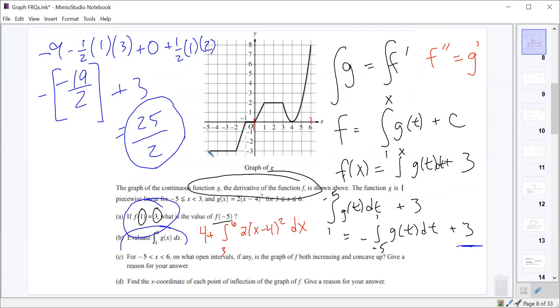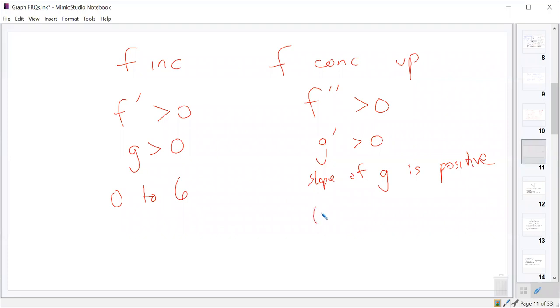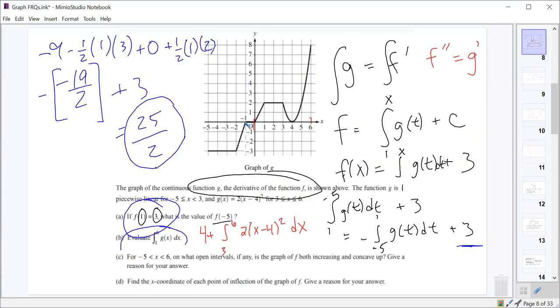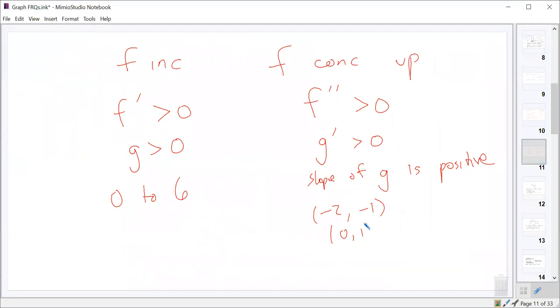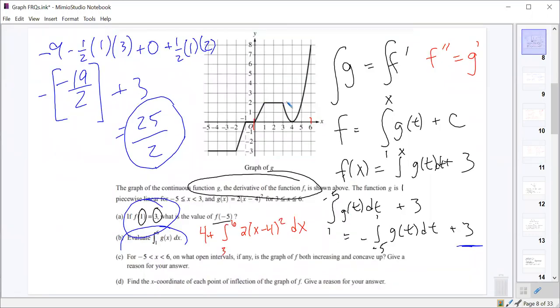Is the slope of g positive here? No. What about here? Yes. So from -2 to -1. Not positive here, but positive from 0 to 1. Not positive from 1 to 3, because that's 0.